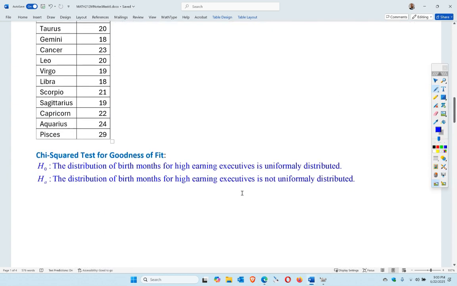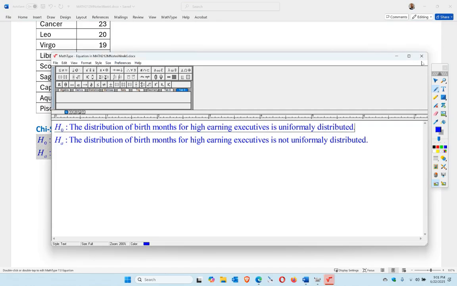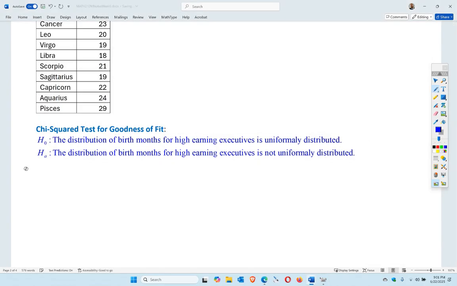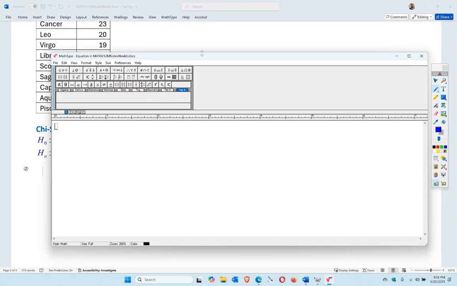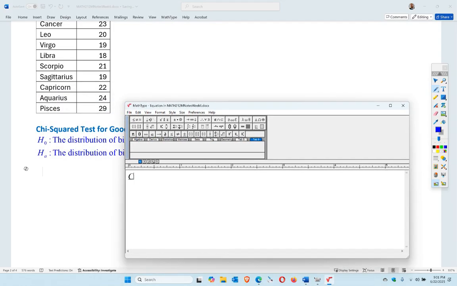Okay, so what we want to do, let's make another one, actually. Math type. I don't know why this is so bad. Oh, because I was typing text before. We want to do the area equals chi-squared. It's all uppercase in distribution.